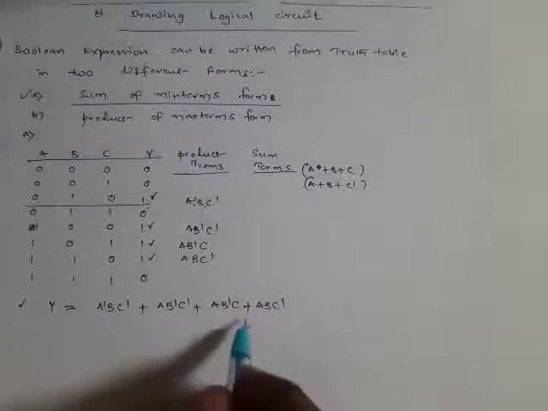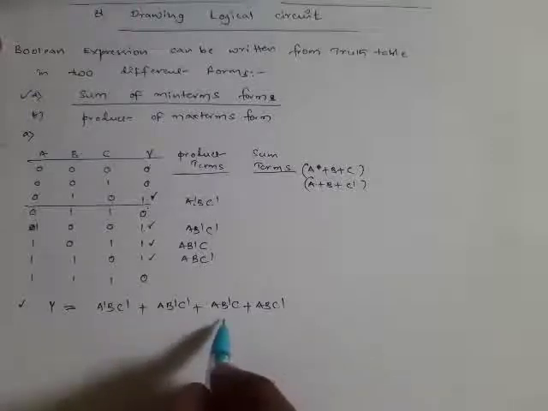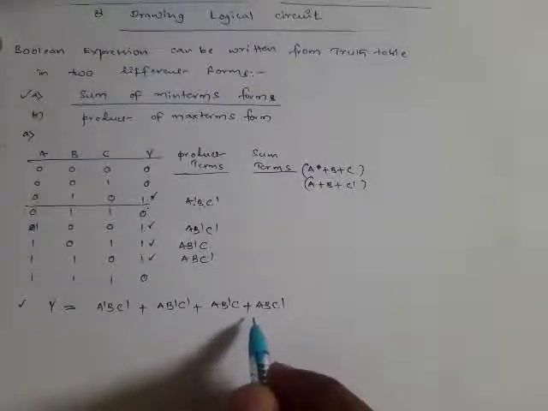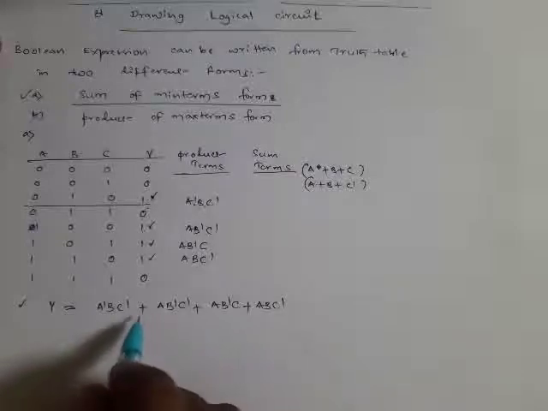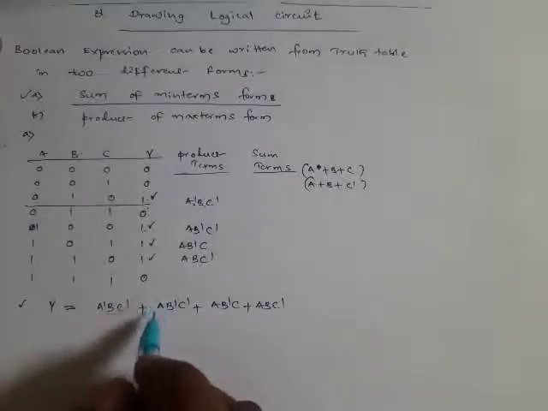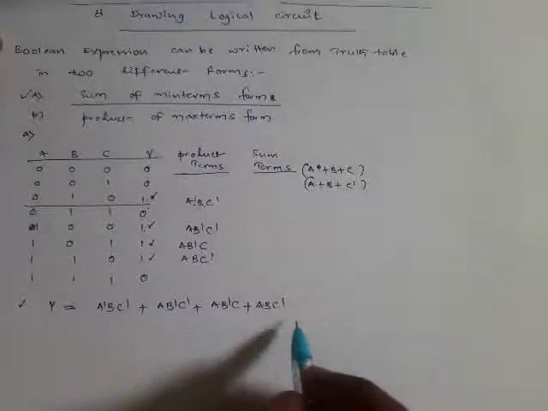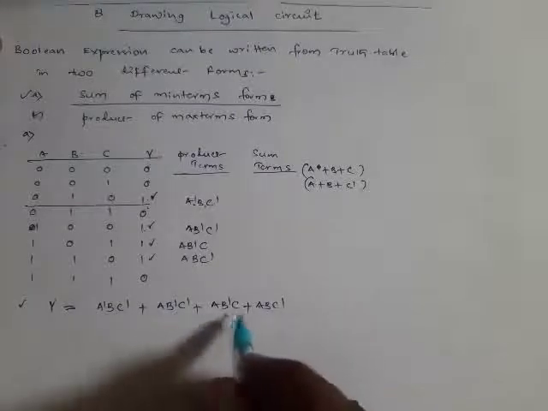To obtain an economical circuit, you can simplify this Boolean expression. We'll leave the simplifying part to the next topics, but here we'll draw the logic circuit for the Boolean expression obtained directly from the truth table. So next we will look at how to draw a logical circuit for the obtained Boolean expression.